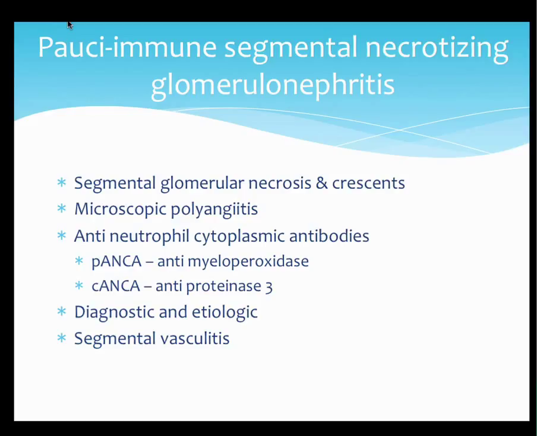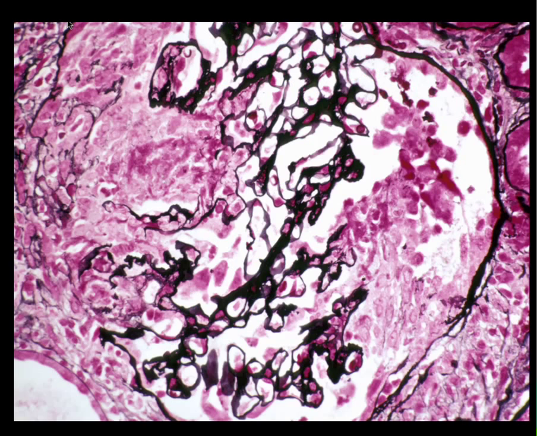The P-ANCA pattern primarily is due to the presence of anti-myeloperoxidase, while the C-ANCA pattern primarily is due to the presence of anti-proteinase 3. This particular study, which can be done on serum, is of diagnostic and etiologic importance in evaluating patients, and produces basically a segmental vasculitis.